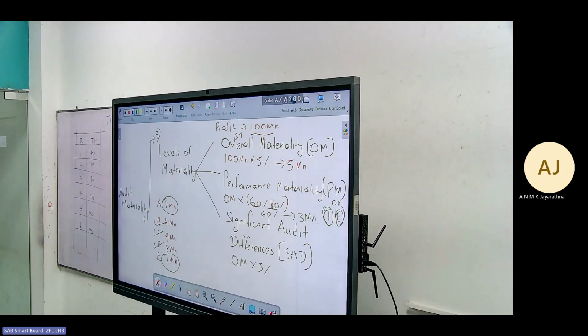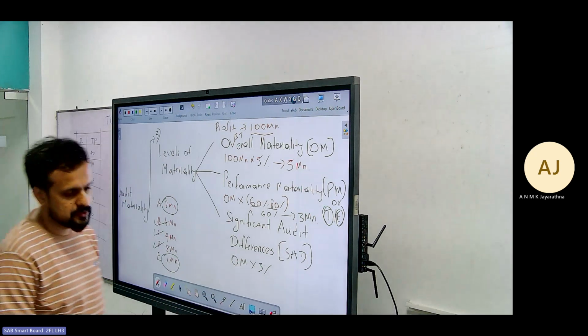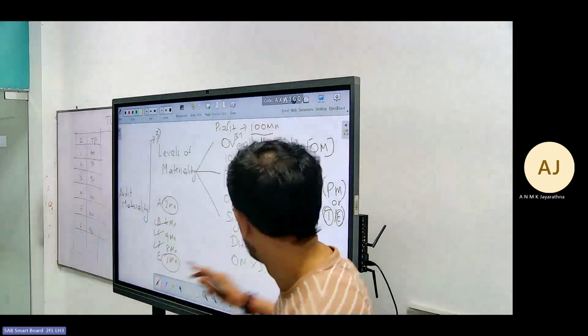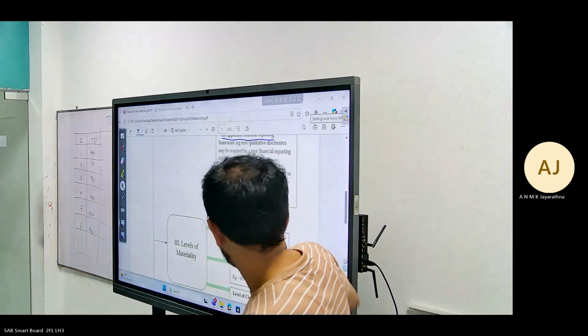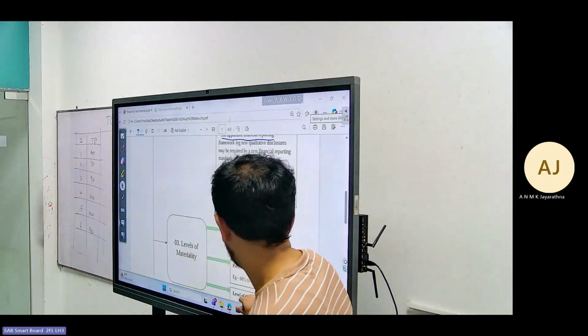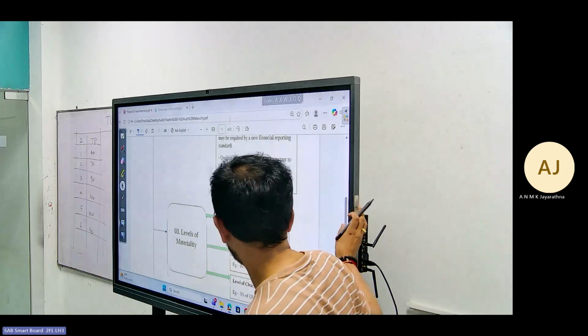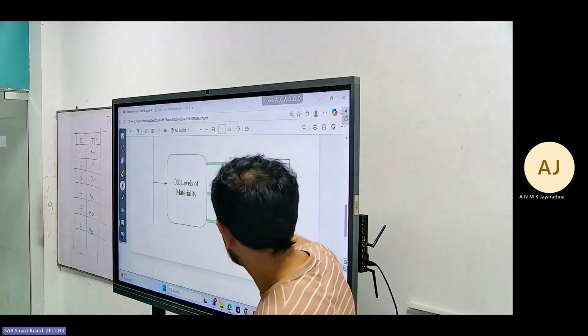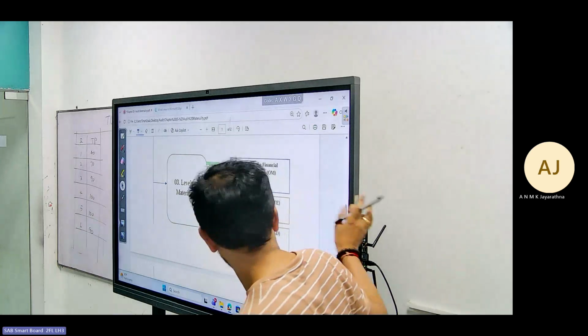Less than 150,000 you can also, but it is not a hard and fast rule. It is one of the sample methods; it is your judgment. So that is the significant audit difference. In other words, we call it the trivial method or trivial. I have put the level of clearly trivial, which means significant audit difference. So these are the three things.